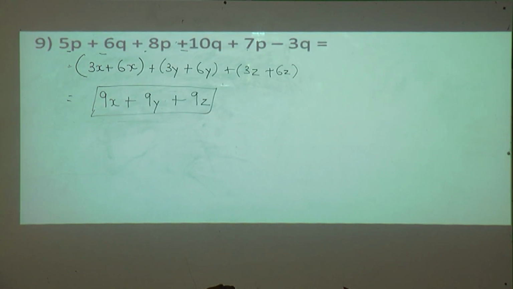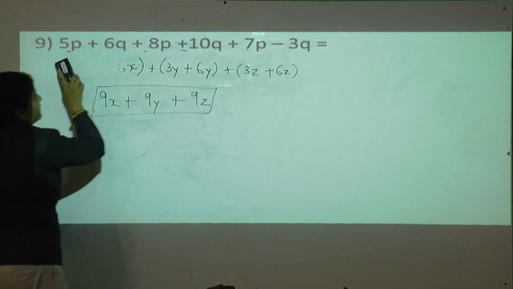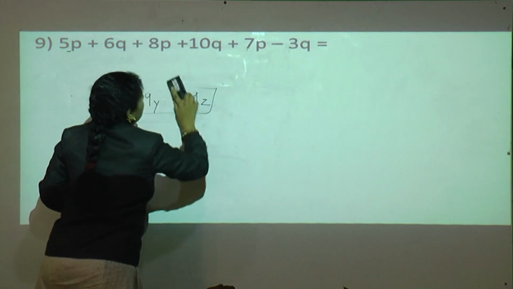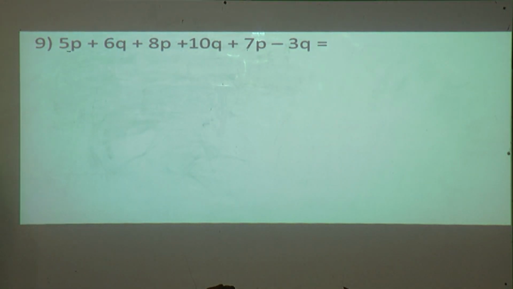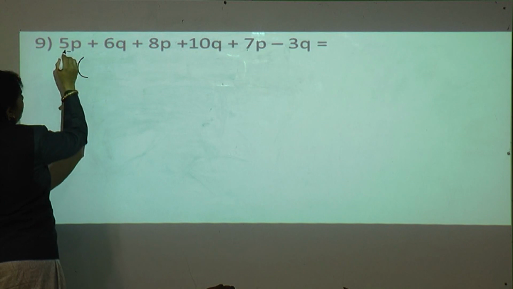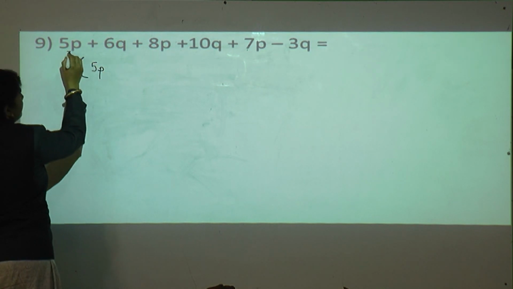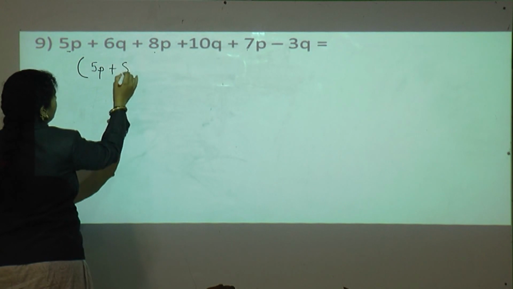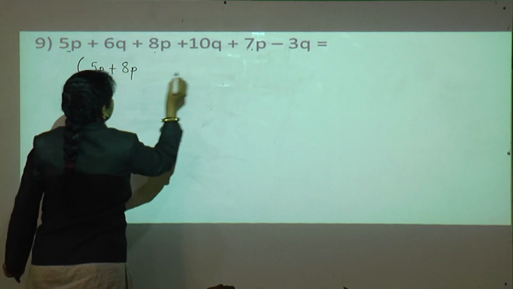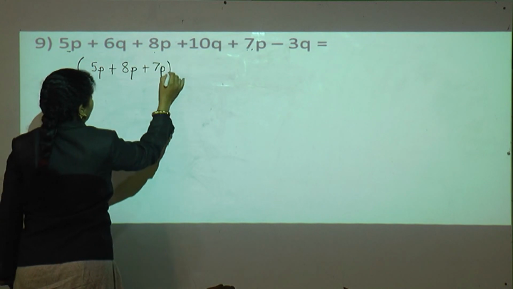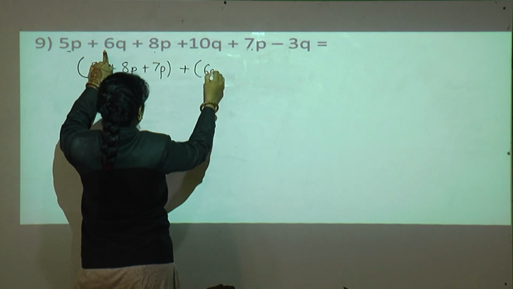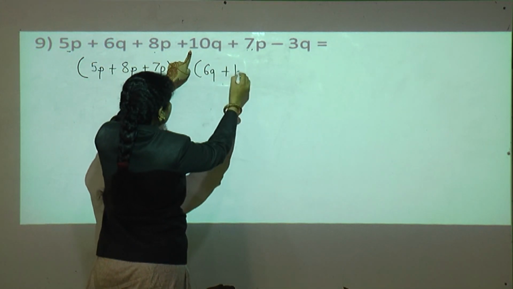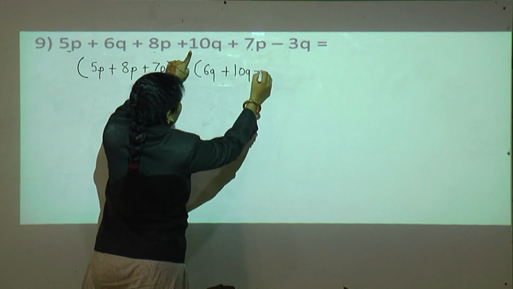Next one, 5p plus 6q plus 8p plus 10q plus 7p minus 3q. So put like terms together, 5p, 8p, again 7p, plus 6q plus 10q and minus 3q.